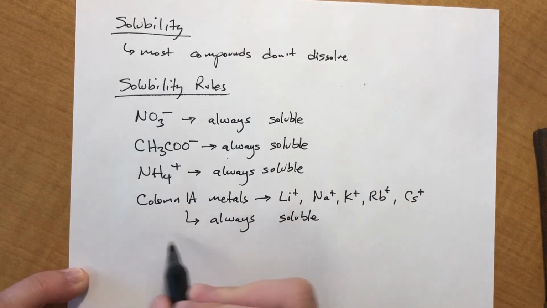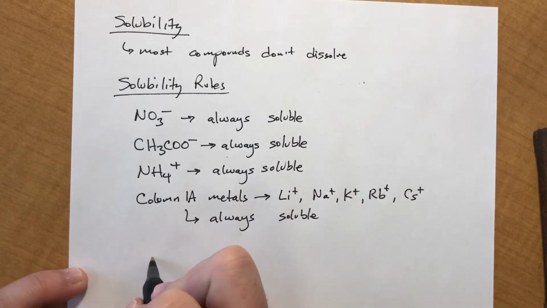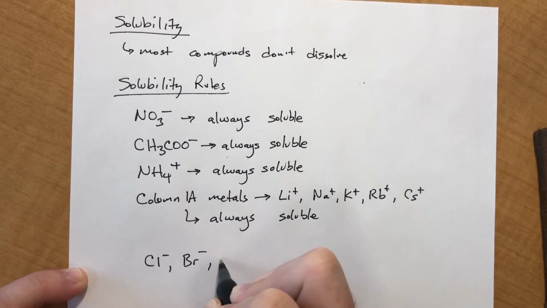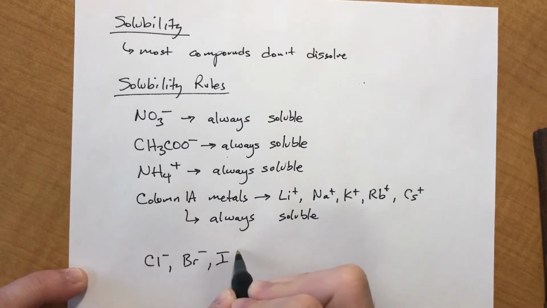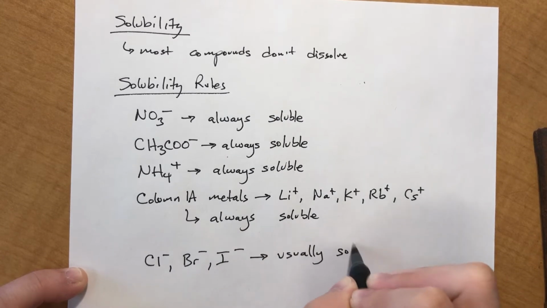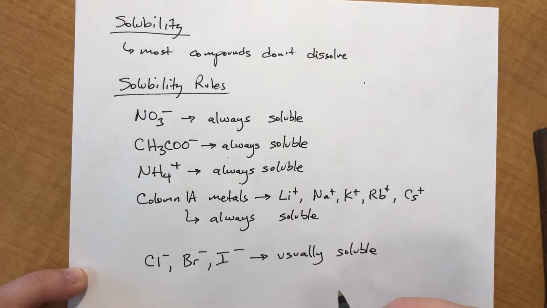There's a few that are a little more nitpicky. The halogens, so chloride, bromide, and iodide, are usually soluble, but there are some exceptions.